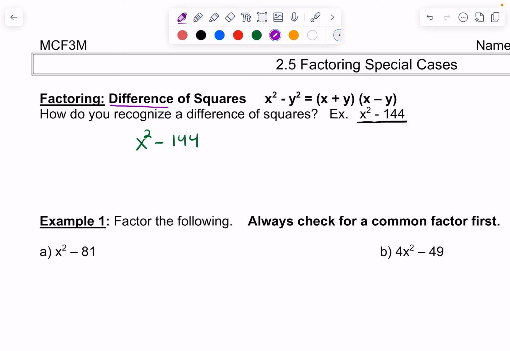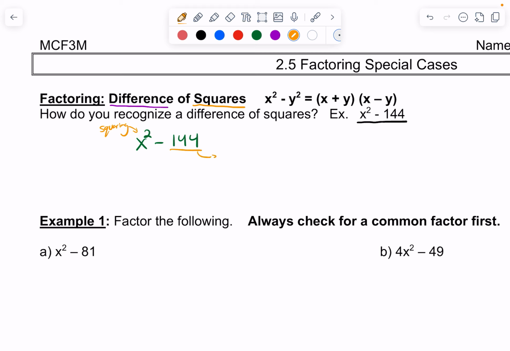But specifically, x squared and 144 are both squares. The x squared is a little more obvious, but putting something to the power of 2 is like squaring it. Well, how do you get 144?